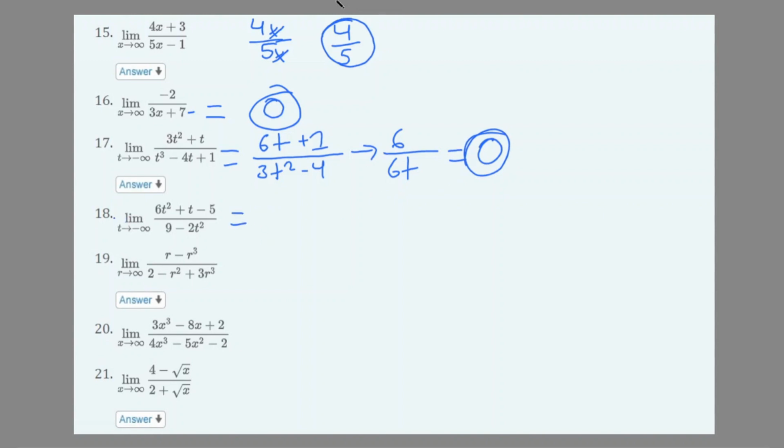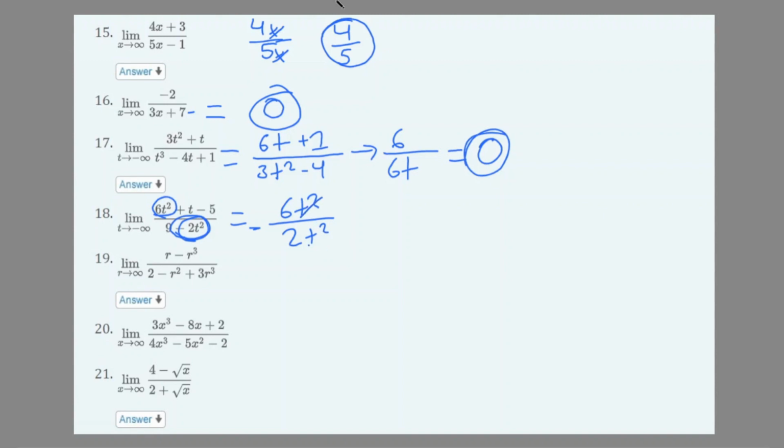So let's try number 18. The limit as t goes to negative infinity of 6t squared. Let's take the highest powers here. We've got 6t squared and negative 2t squared. Let's write it out right here.